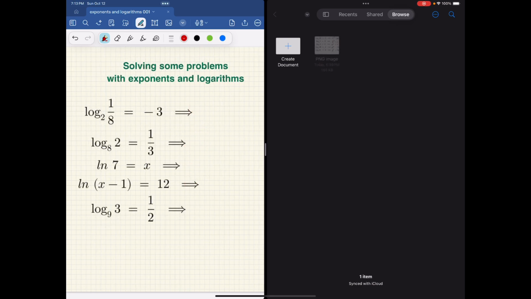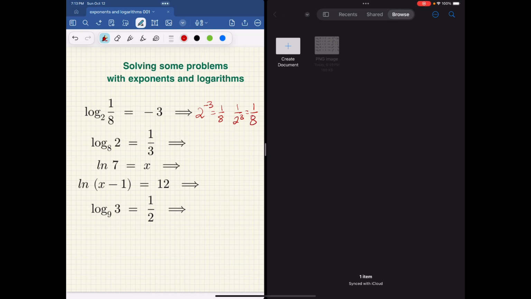Okay, let's try a few more. Log base 2 of 1 over 8 equals minus 3. That means that 2 to the minus 3 equals 1 over 8, which is the same thing as saying that 1 over 2 to the 3 equals 1 over 8, which is obviously true.